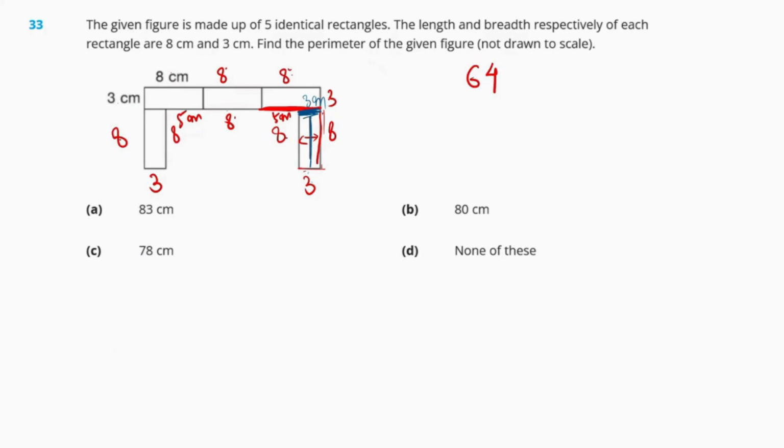Now next is, let's count the total of the sides which are of 3 centimeter. So there are 4 sides which are of 3 centimeter, that is 1, 2, 3 and 4, right?